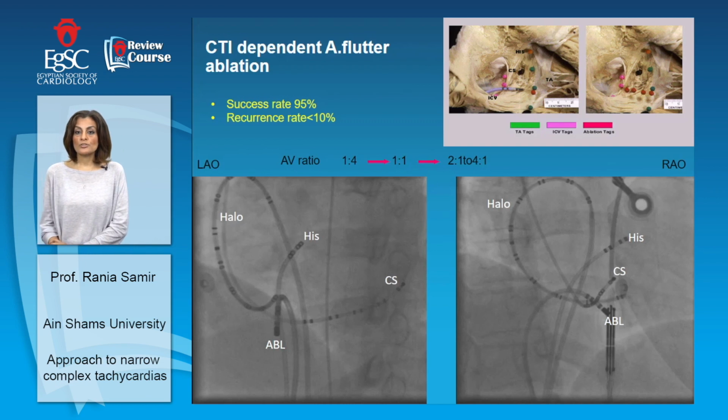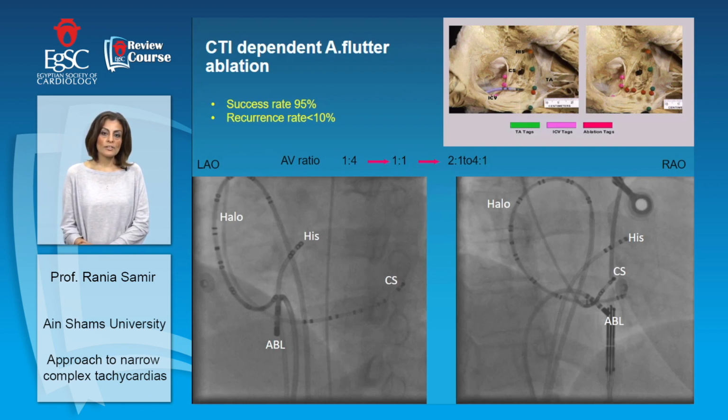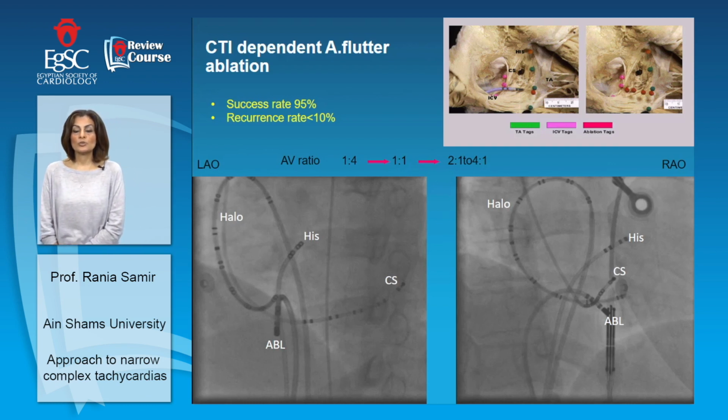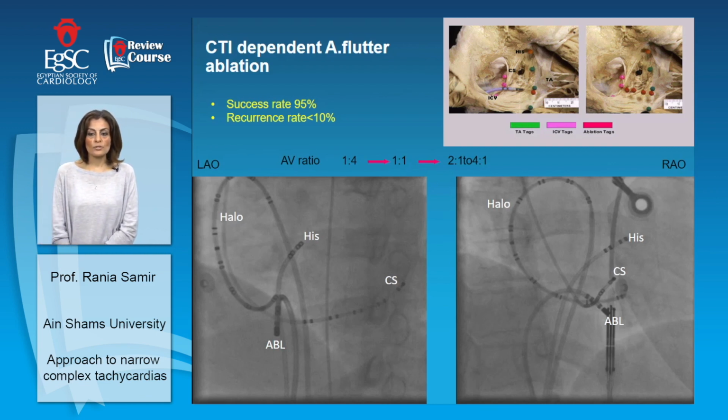It's triangular in shape, and the critical isthmus runs from the tricuspid annulus anteriorly back to the inferior vena cava. And if we create a complete line of block across this area, we can successfully terminate this atrial flutter without recurrence.